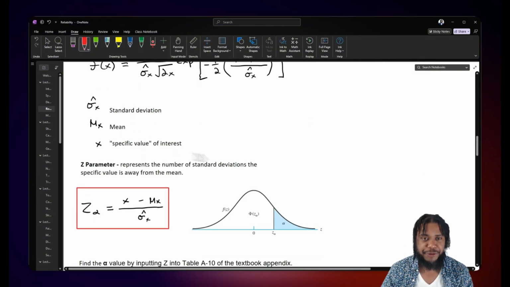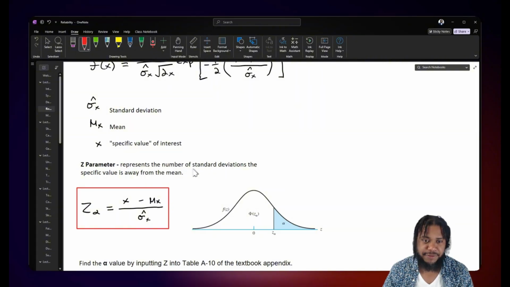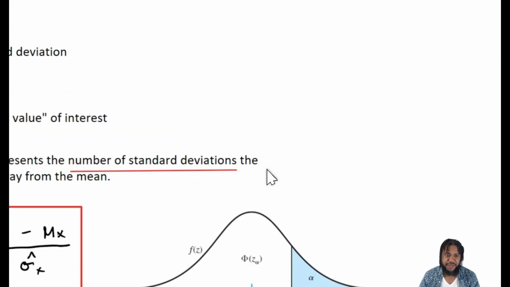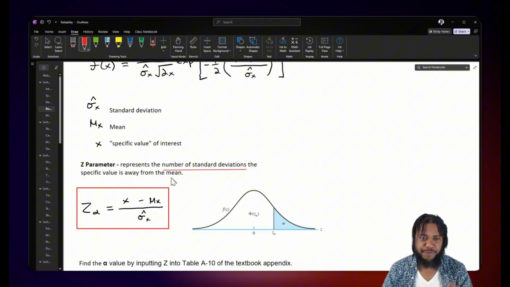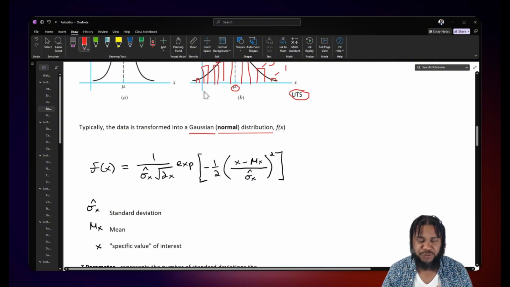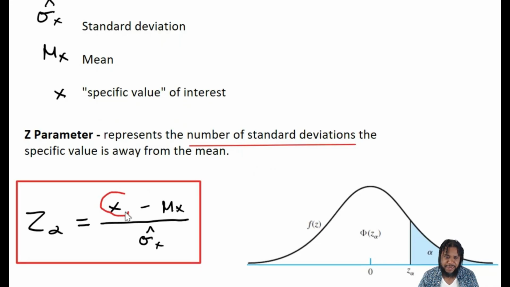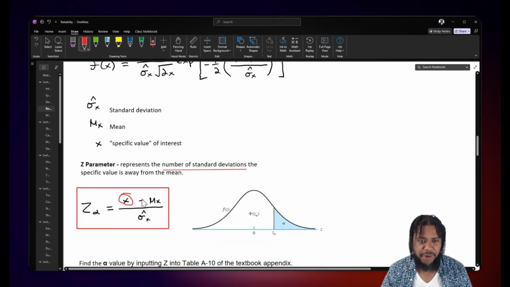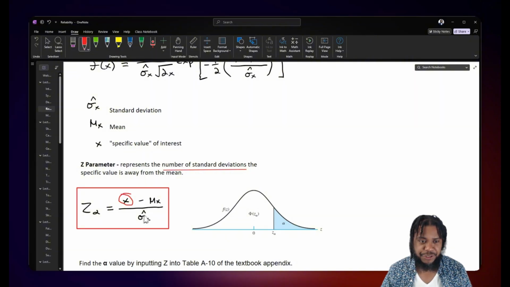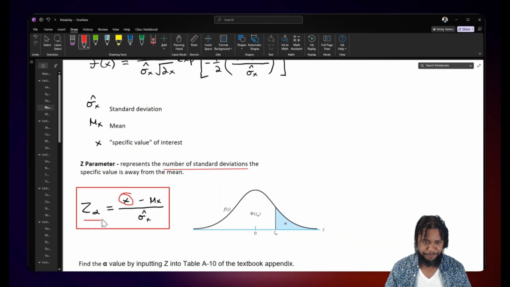Now, another important parameter that we can define is the Z parameter. The Z parameter represents the number of standard deviations that a specific value is away from the mean. So say the UTS ranges from 0 to 100, and we want to know how many standard deviations a value of 75 is from the mean. Then we put in 75, our UTS value, minus the mean, divided by the standard deviation, which gives us our Z parameter, right?